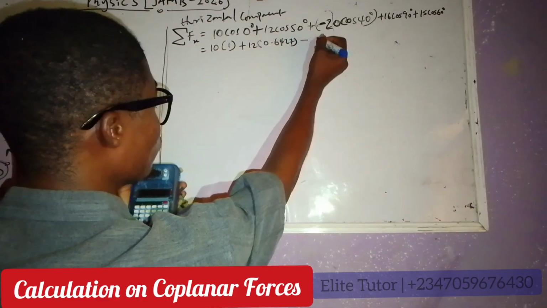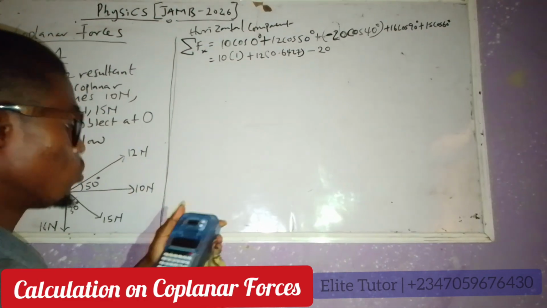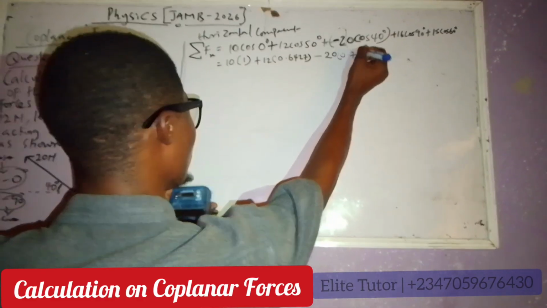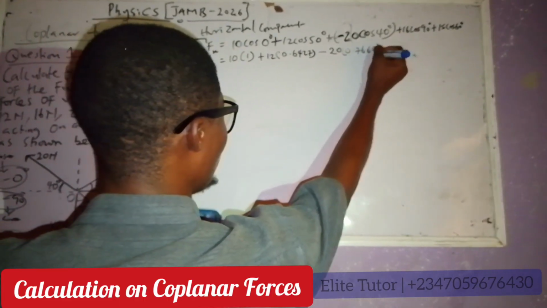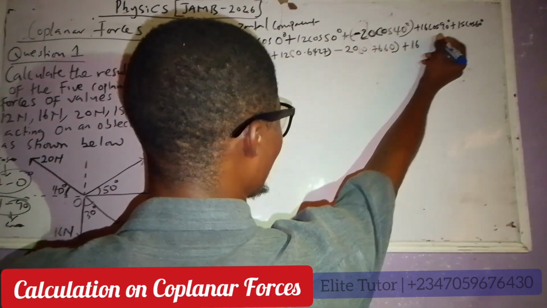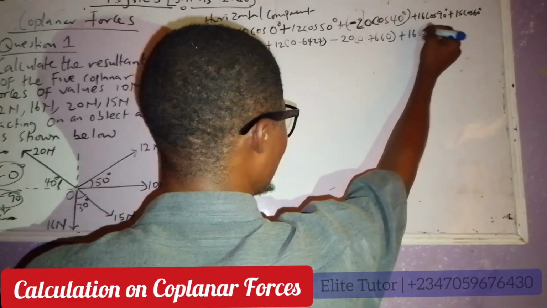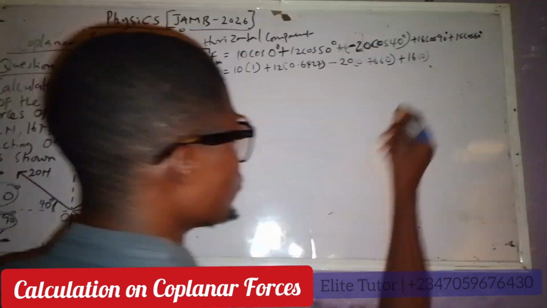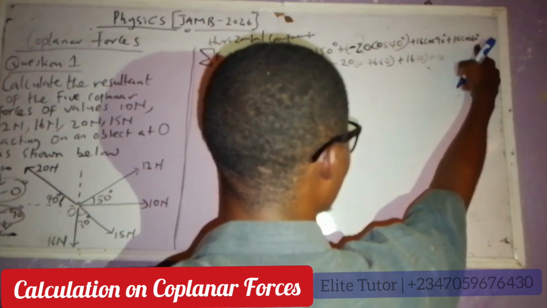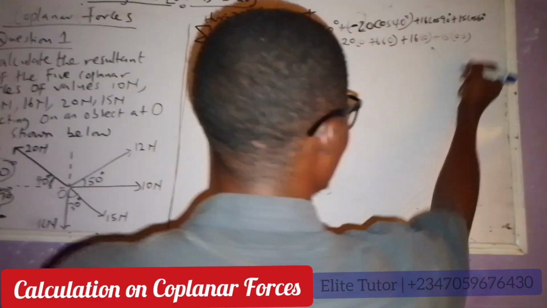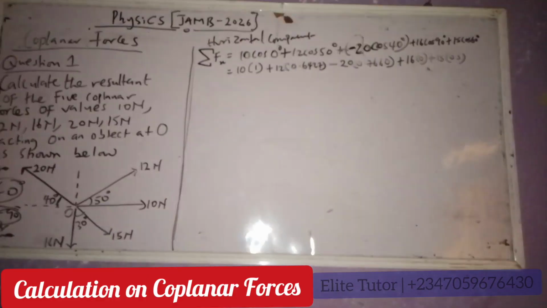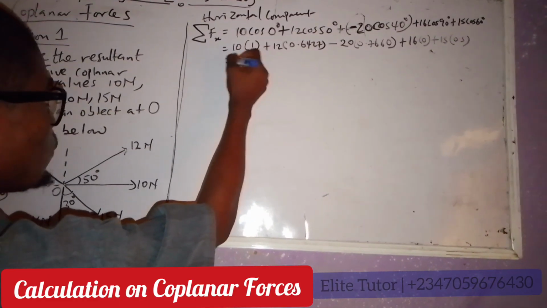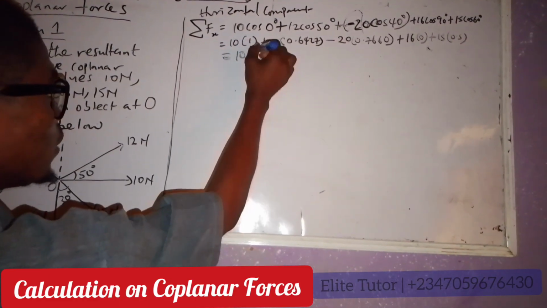Minus 20 into cos 40, which is 0.7660. Plus 16 cos 90, which is 0, so you can see cos 90 is 0. Plus 15 cos 60, which is 0.5. Cos 60 is the same thing as sin 30.